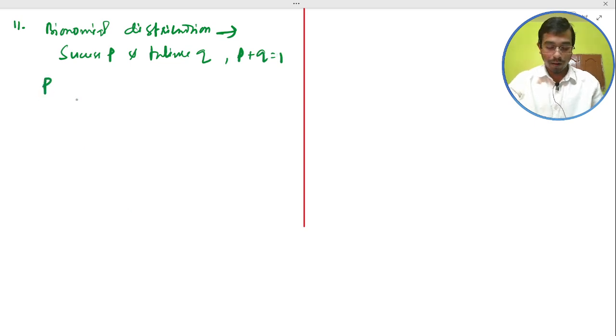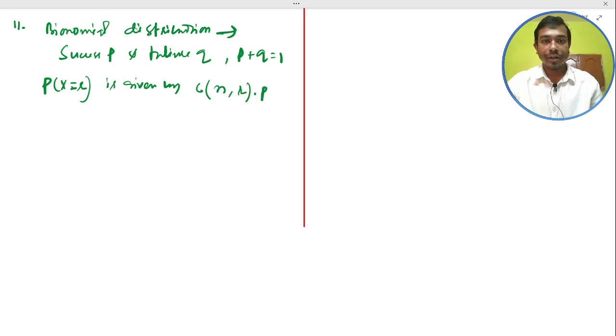Then the probability of x equal to r is given by c of n r into p to the power r, success to the power r, failure to the power n minus r. This is the binomial distribution.